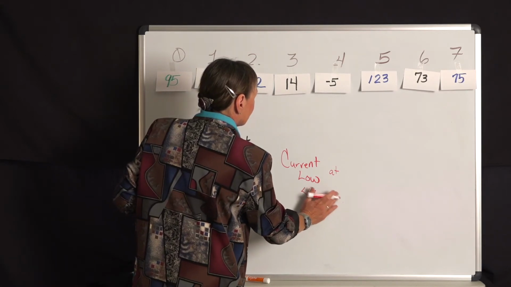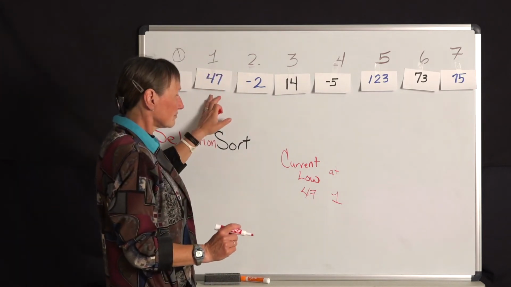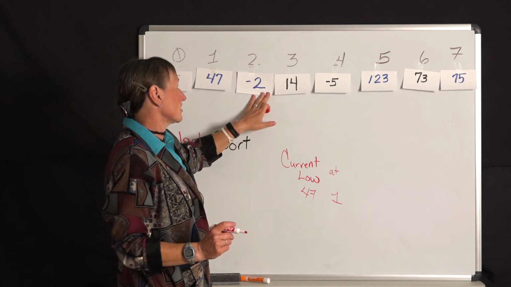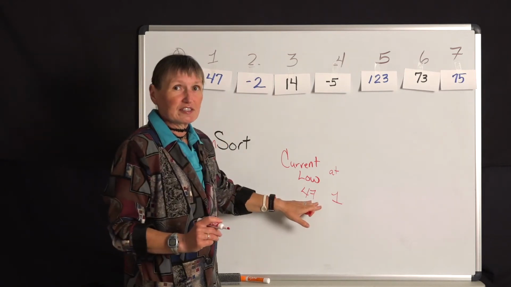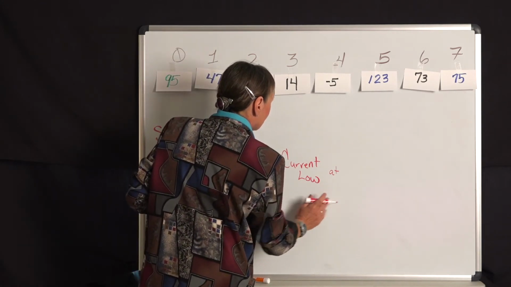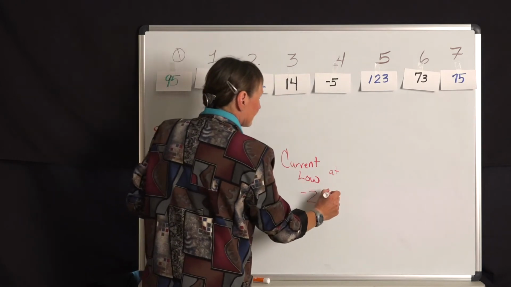And that currently is at index number 1. Then we move on to our next one, which is -2. Well, -2 is definitely lower than 47. So we've got -2, and that's at index number 2.